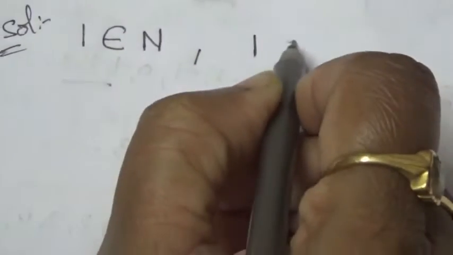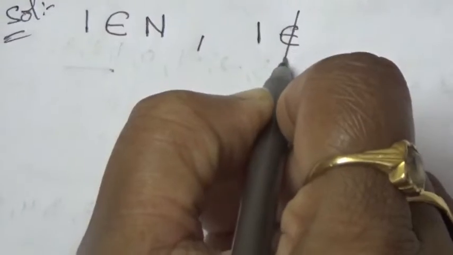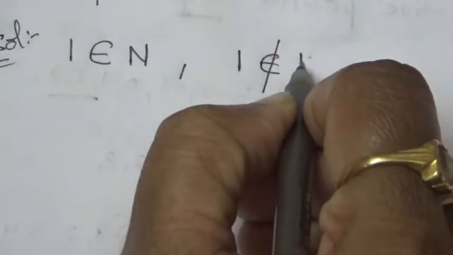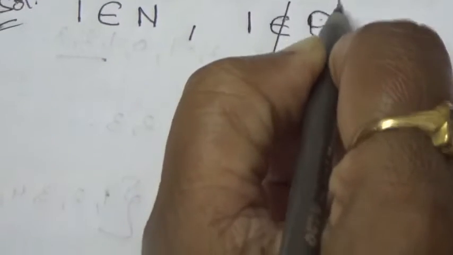Whatever you want, just write at least one. That's enough, right? 1 does not belong to irrational numbers. Irrational numbers is identified like this, right?